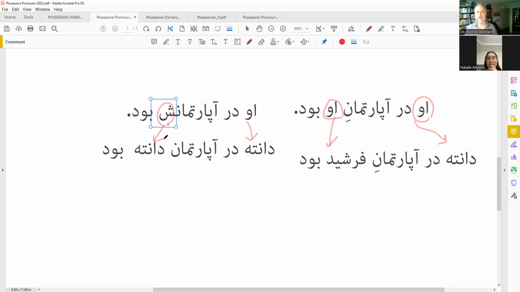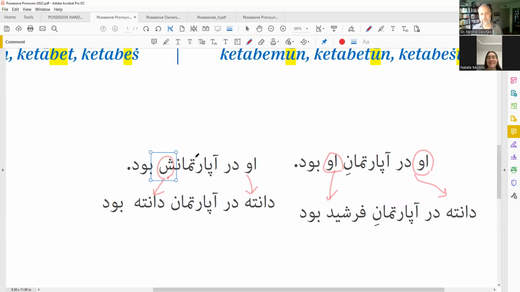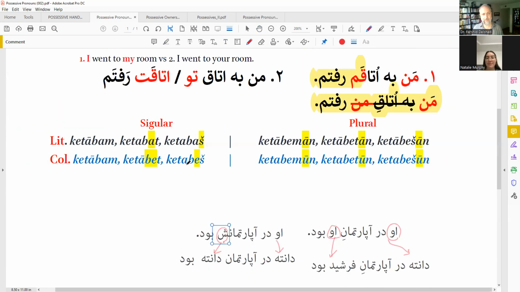Perfect. Okay, so something that I would like to teach you is also what happens if you are using these forms in enclitic form. And so you have an option to use the colloquial spoken vernacular Persian.